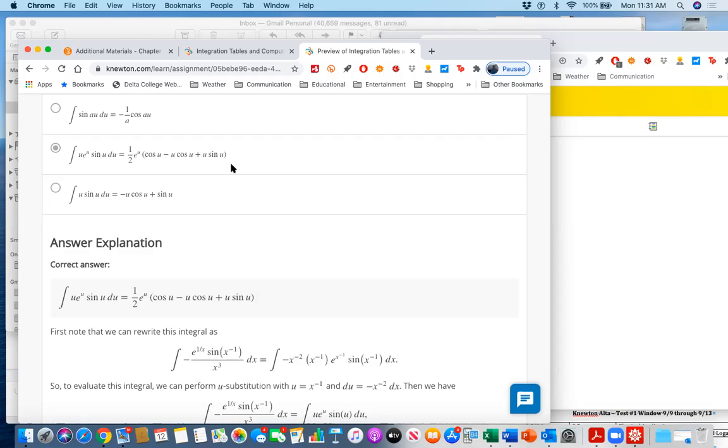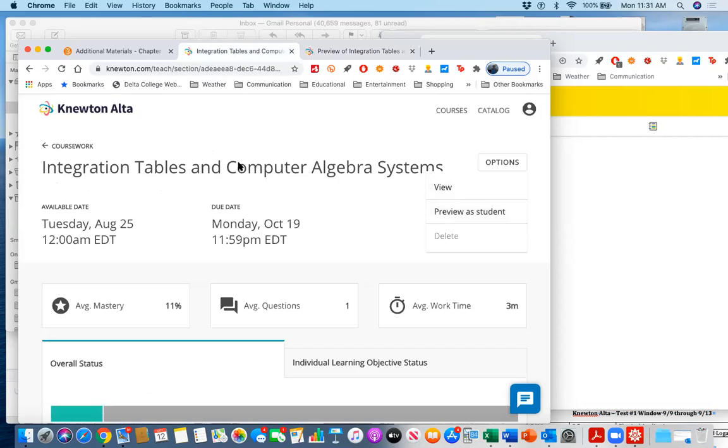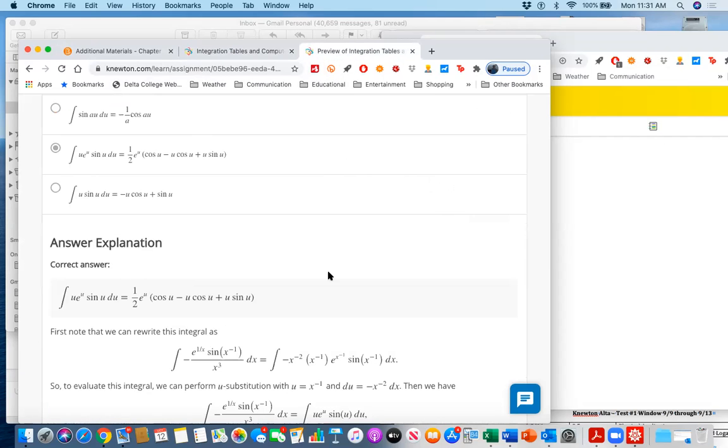Because here's the thing. All of these formulas, remember, are in that table of integrals. And so this one, where did it go? It's somewhere. All of those formulas, you could say that about any of them.